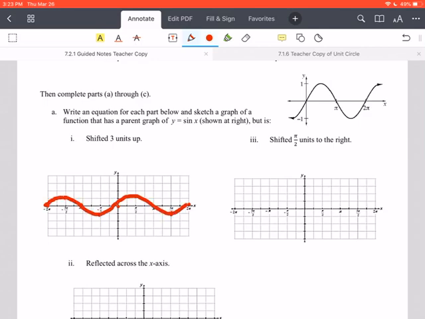So there is the parent, and then from here I'm going to get a new color. What are we doing to these points? We are shifting every point 3 units up. The shifts are easy because you just count 3 units from each point. So 1, 2, 3, and so on.